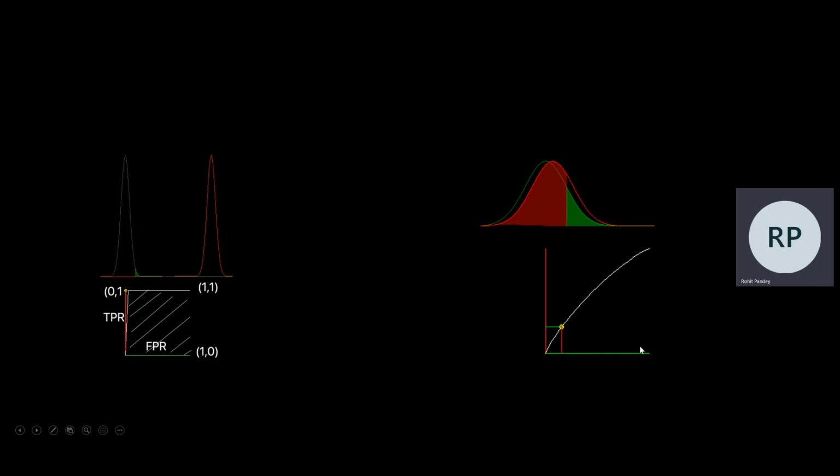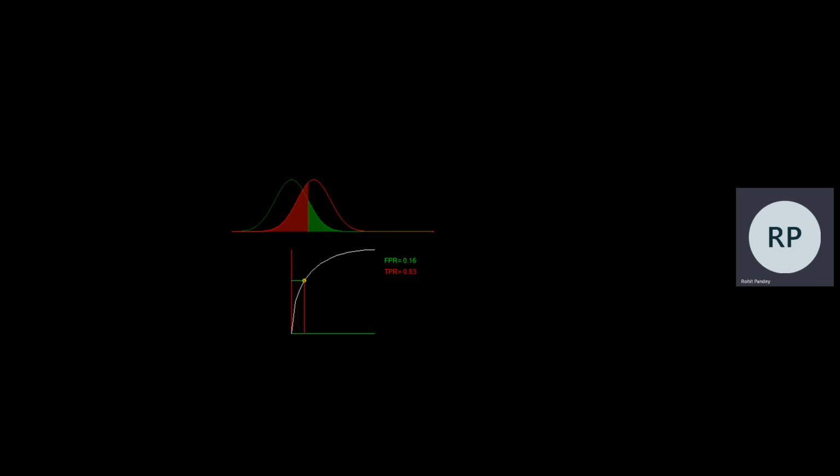And then the area under this becomes 0.5 because it's splitting the square into two equal parts. The area of the square is 1, and the area under this straight line is half. So the best possible AU-ROC is 1, and the worst possible is half. It's technically possible to get less than 0.5 AU-ROC, but then there's an easy fix when that happens, and we're going to get into that. Here we just visualize the different scenarios where you get the best possible and the worst possible ROC curve.